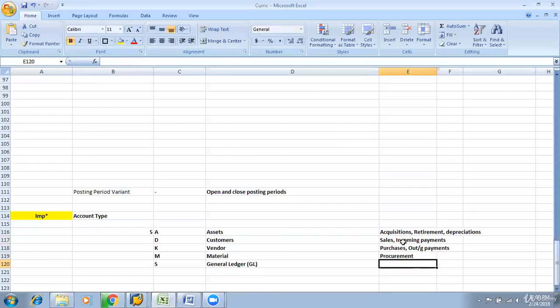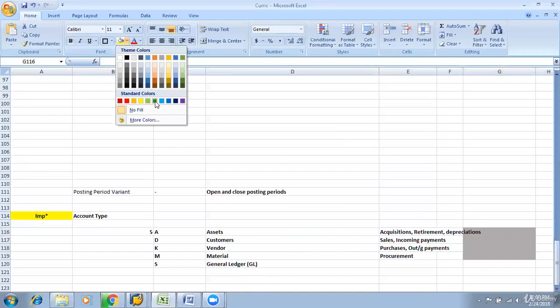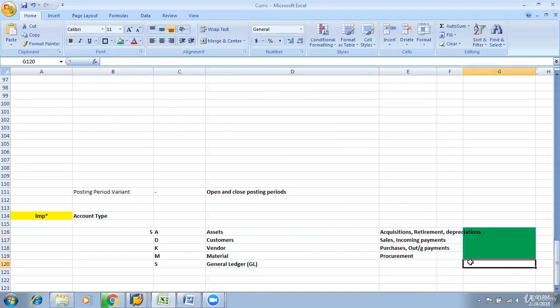General ledger, what do you think would be covered in general ledger? Basically, any transaction which does not fall under the above 4 falls under general ledger transactions. Agree? For example, what does general ledger have?